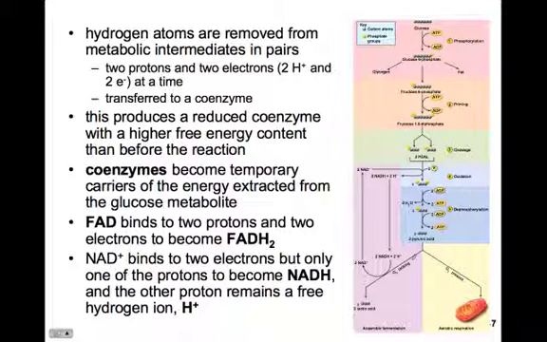If you took my general biology class, you'll remember the prom example where we have 2 hydrogen atoms, those are the boys, and 2 electrons, those are the girls, and they each go to prom together in one limousine. And the limousines are the coenzymes NAD and FAD. And so this produces a reduced coenzyme, because remember, reduced means to add electrons, which reduces the charge.